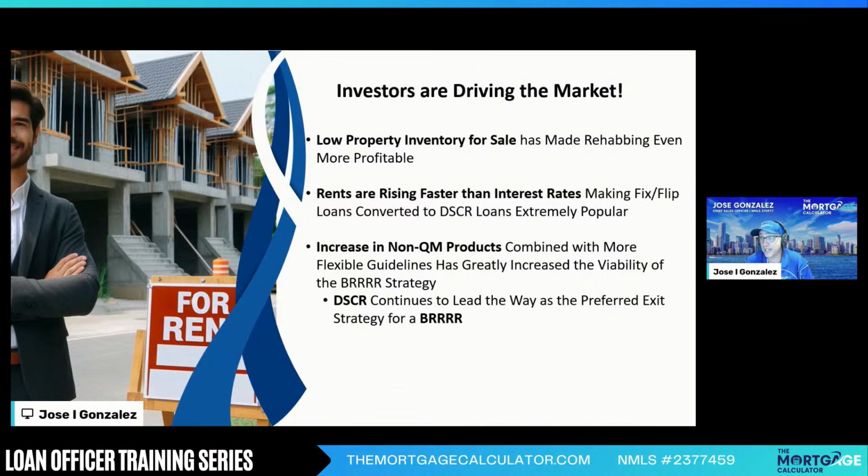We also know rents, right? Now, in keeping the property after the rehab, which is more what we're talking about, rents rising faster than interest rates are making the fix and hold strategy, the BRRRR we're talking about here, much more viable, especially with our lower rate, zero seasoning DSCR loans that are extremely popular now.